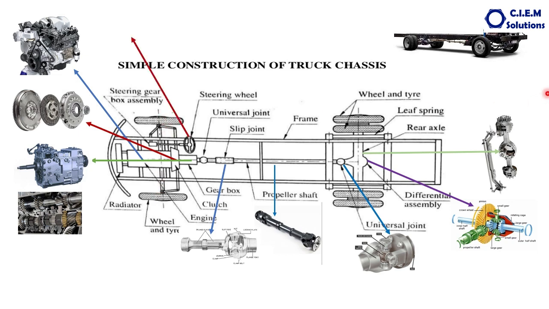Then inside the axle housing, the axle shafts will be there. These are the axle shafts, one on this side and one on this side. One end of the axle shaft is mounted with the differential. The other end of the axle shaft is mounted to the wheels. And the wheels are fitted with the tires, which are in contact with the ground to move the vehicle.